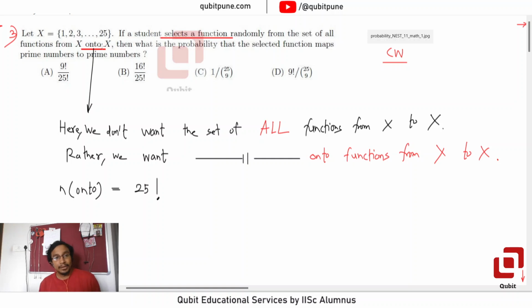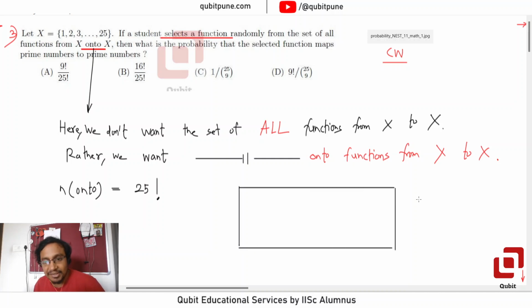Okay, what is the probability that the selected function maps prime numbers to prime numbers? Please note, यहाँ पे identity function नहीं पूछा है. As in 3 need not get mapped to 3, it can get mapped to any other prime number, है ना? Which means we must now partition our set X into primes and composites.